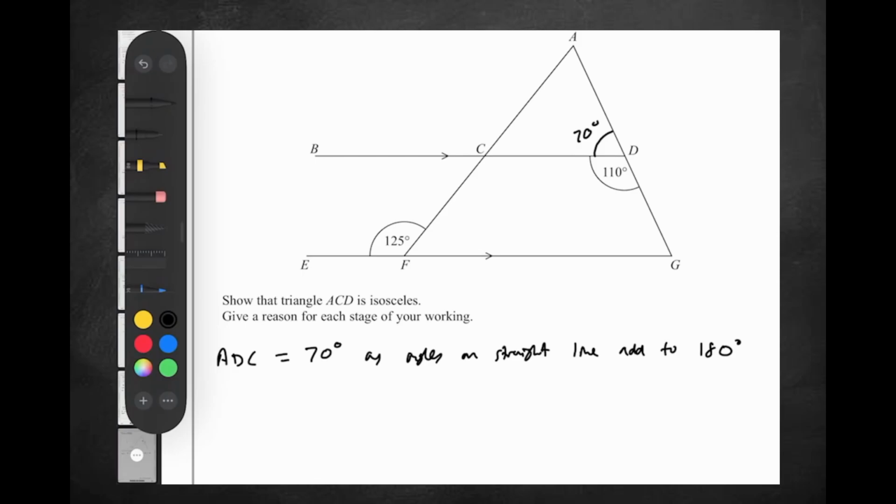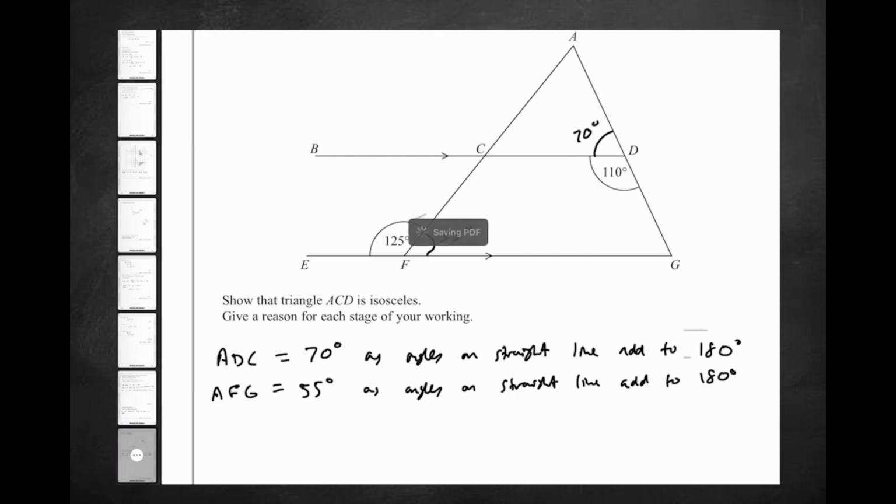Next, I'm going to say that the angle AFG here equals 55 degrees. AFG equals 55 degrees as angles on a straight line add to 180 degrees.